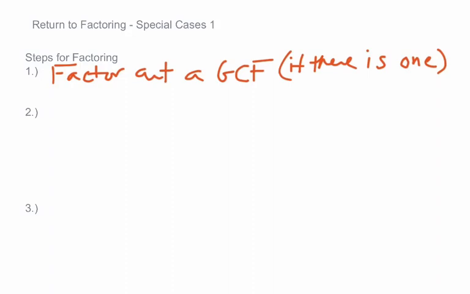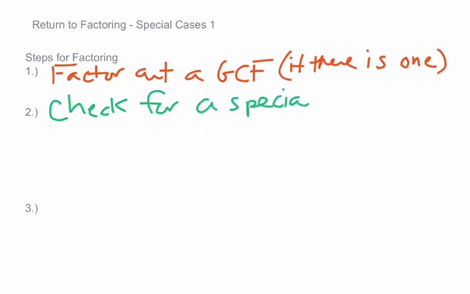Then once you've factored out the greatest common factor or determined that there isn't one, then we look for what's called a special case, and you're going to factor the special case. So check for a special case, and you'll notice that the title of today's lesson is Return to Factoring Special Cases Part 1.